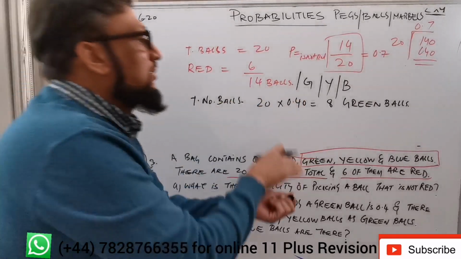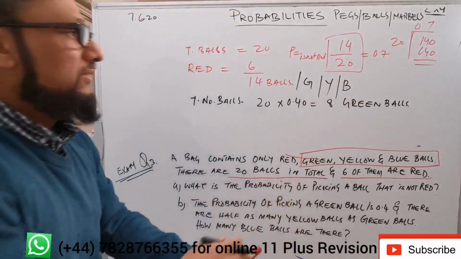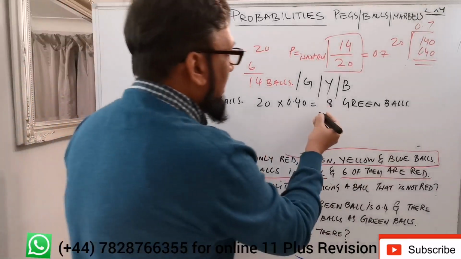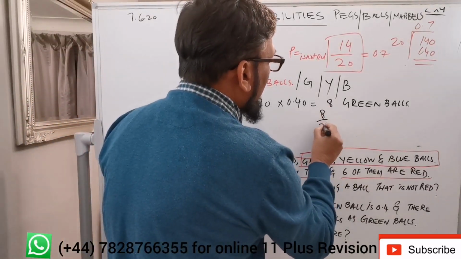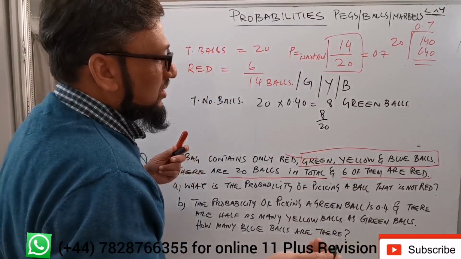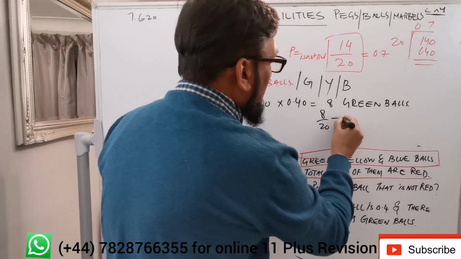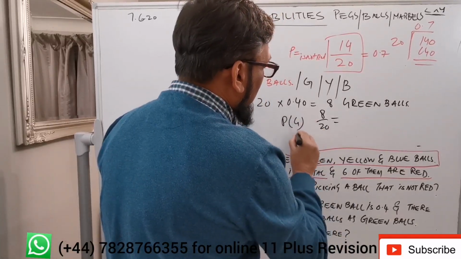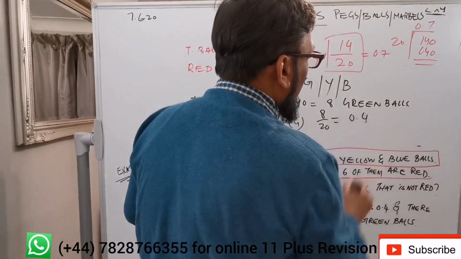If I'm asked to find the probability of a green ball, what you do, okay? 8 divided by 20. If you simplify this, the probability for a green ball will be 0.4.